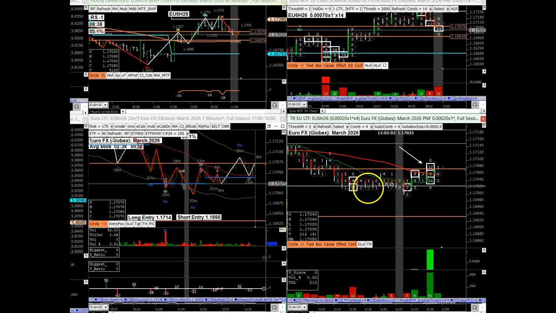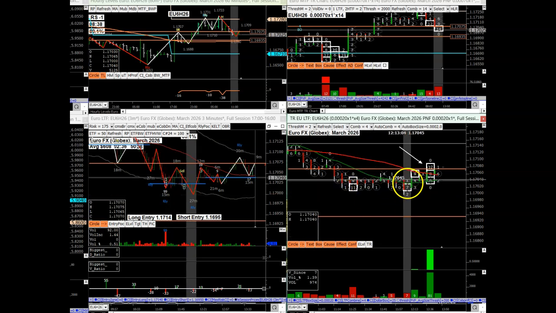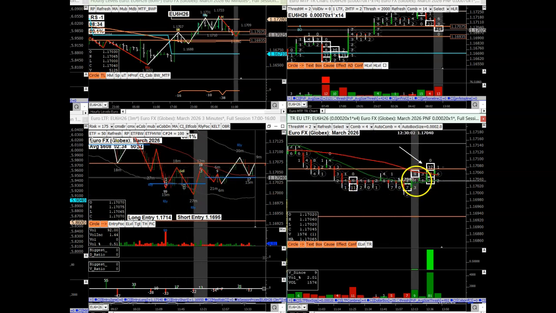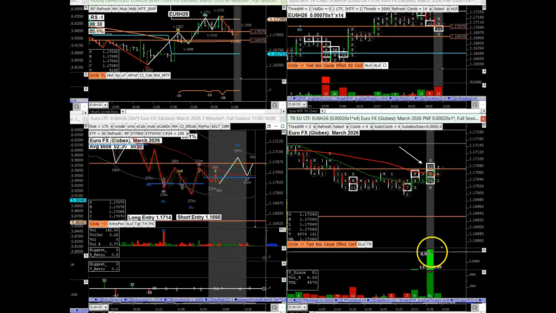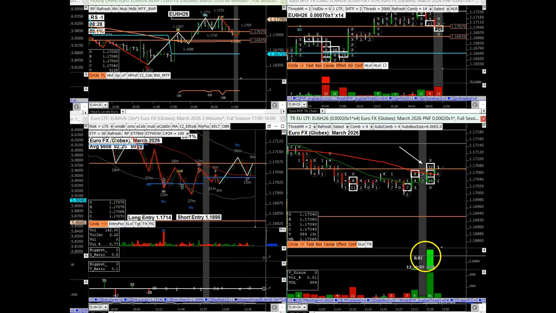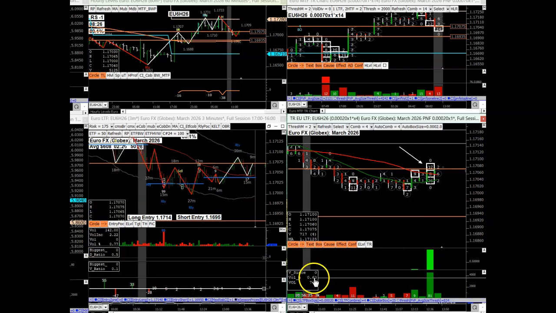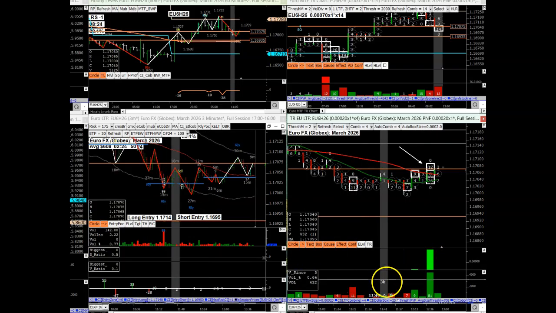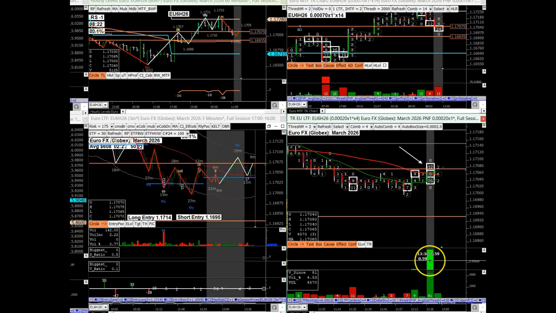This is like a little base, and then this was the original, and now you have that heavy pressure. I have an indicator on top that allows me to filter, so I don't have to look at all of this. I can just look at the big green and big red. That's all I want to see.